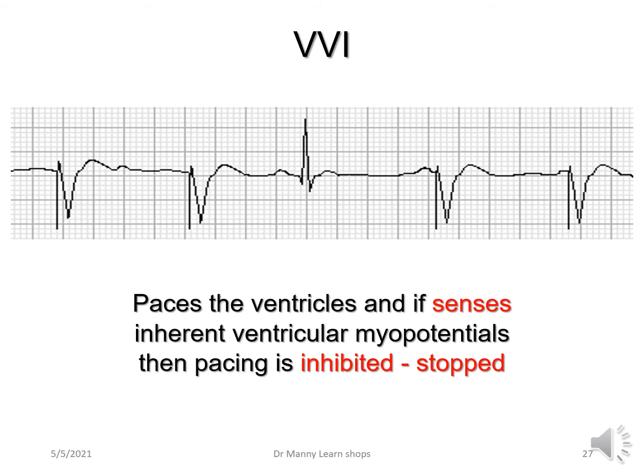VVI paces the ventricle, and if it senses inherent ventricular myopotentials, activity, beat, then pacing is inhibited, stopped, and the heart can do its own thing, as demonstrated in the third beat.